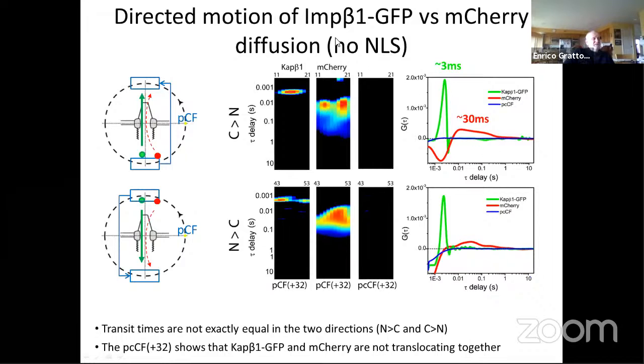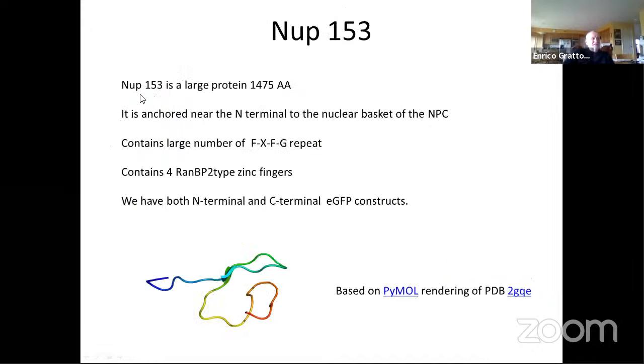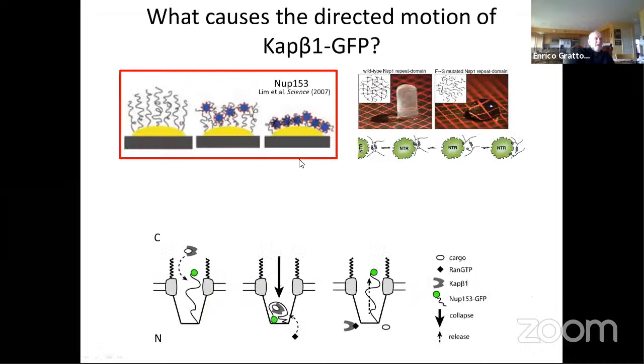So the basket is this part, so it's anchored here, and extends, contains a large number of FG repeats, and contains 4 RanBP2 zinc fingers, and has both the N-terminal and C-terminal that we can mark with the EGFP.